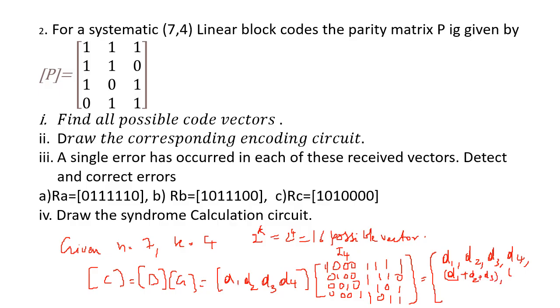Next you get D1 plus D2 plus D4, which will be C6, and C7 will be D1 plus D3 plus D4. So we get a 7-bit vector of this particular form. Next we'll fill all the possible code vectors in a table.